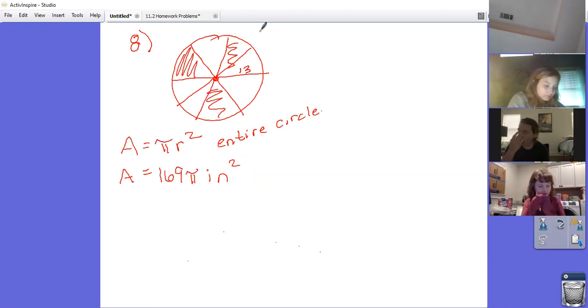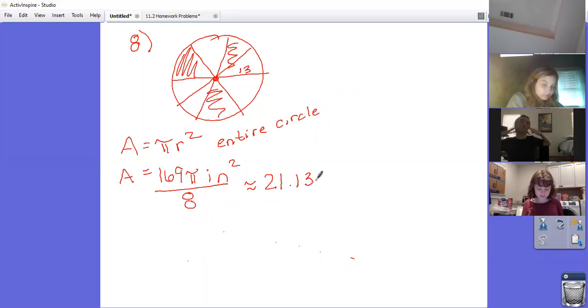Okay, and as you can see here, each one of these pieces, these 8 pieces, are congruent. So if I divide it by 8, and here, guys, I'm really just going to divide 169 by 8 and leave pi in it just temporarily. So I get 21.13 pi inches squared for each piece of the pizza.